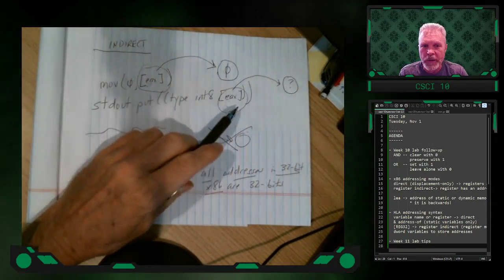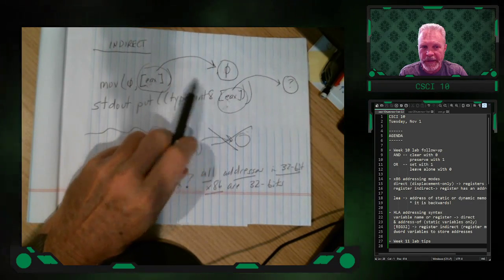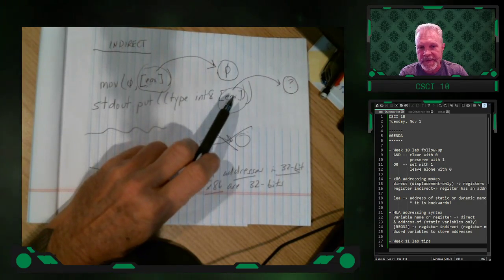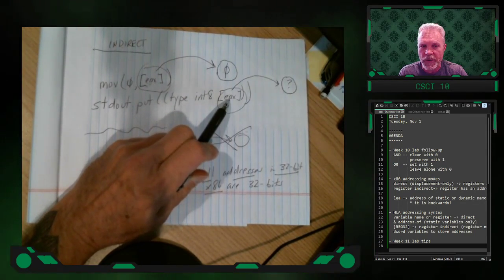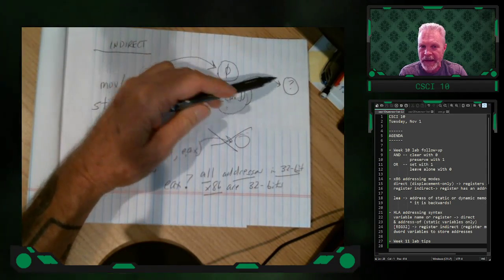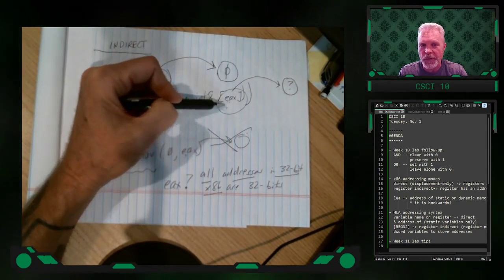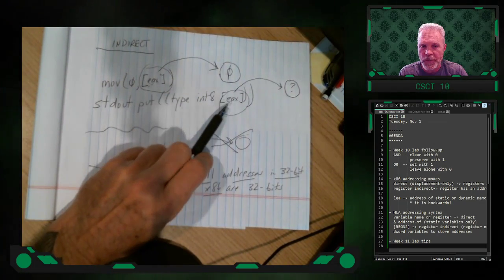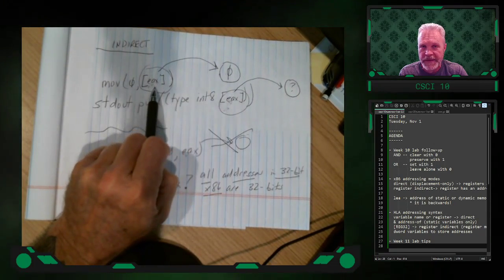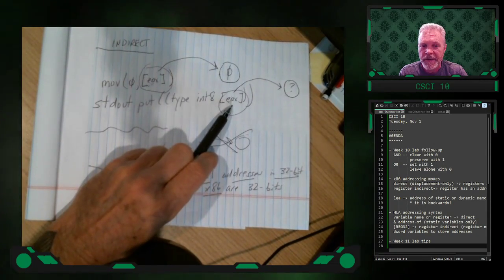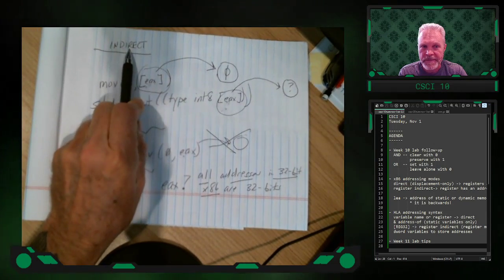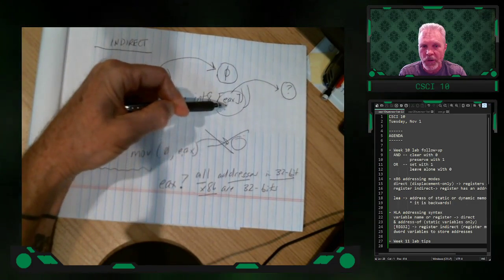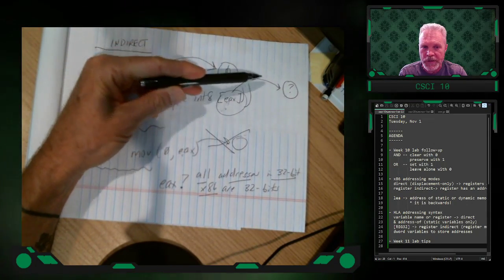So whenever we are doing anything indirectly, it will always be 32 bits, because the thing inside of the square brackets is actually the address of something else. So all addresses are 32 bits. That means that you will always see a 32-bit something in the square brackets. In fact, for us, it's always a register. So indirect accesses are always through 32-bit locators, or addresses is technically the word we should use.